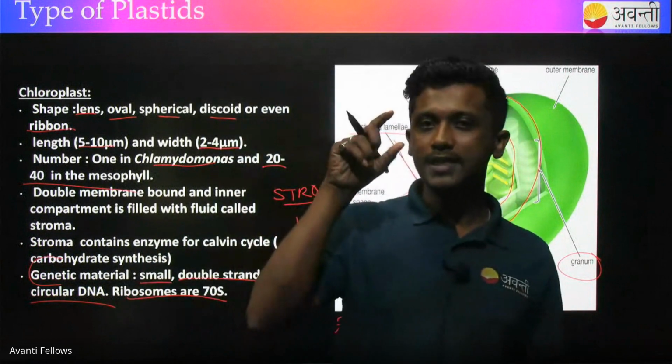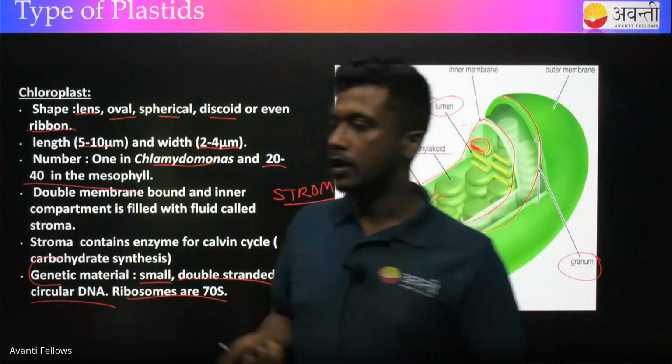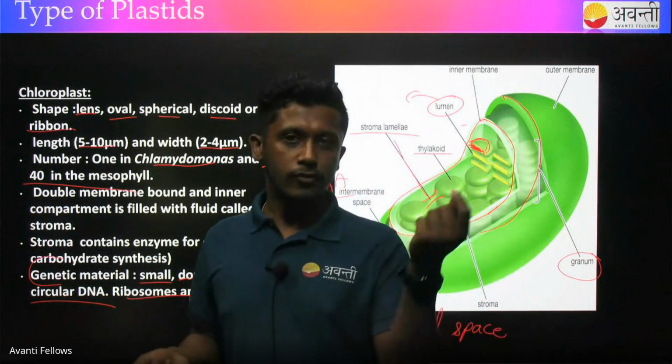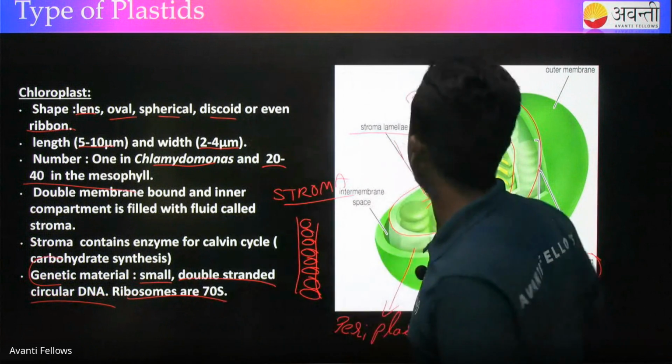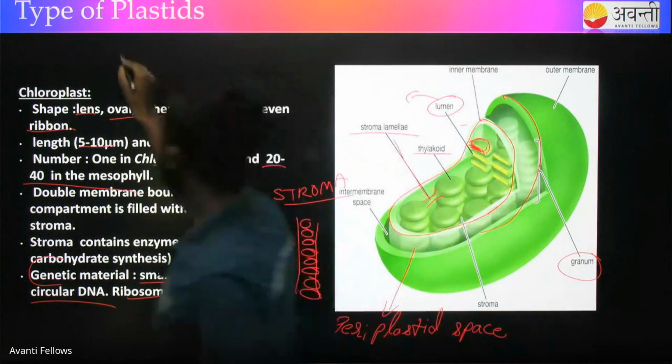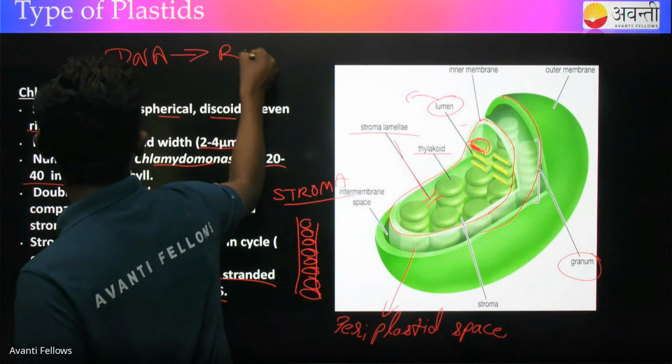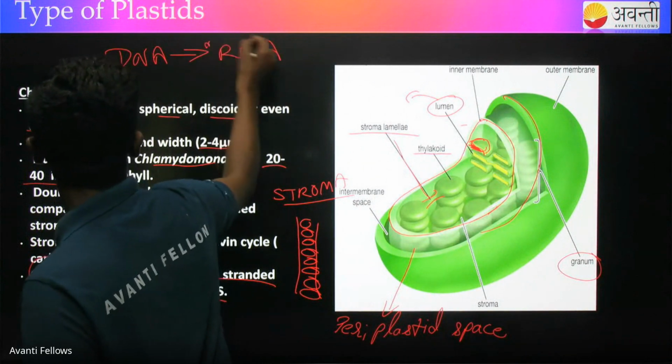Now, when we see how genes get expressed, the DNA tells the cell how to perform a function, and that it does by converting the message that it has. That is, the DNA is converted into an RNA, that is a messenger RNA.